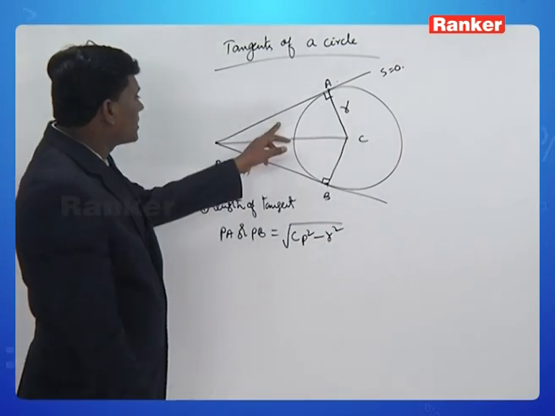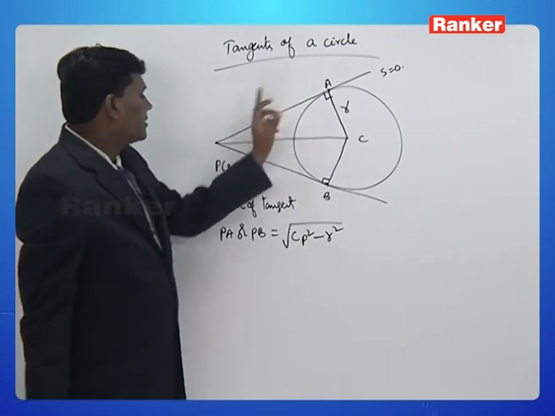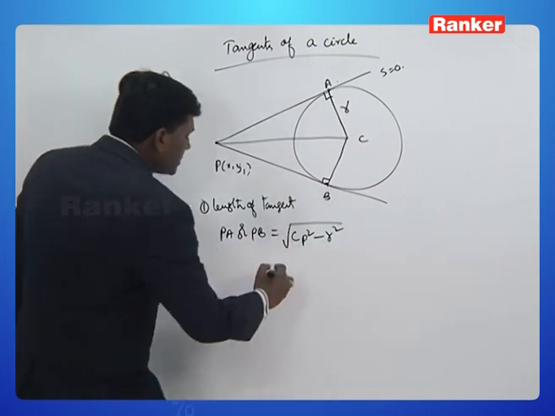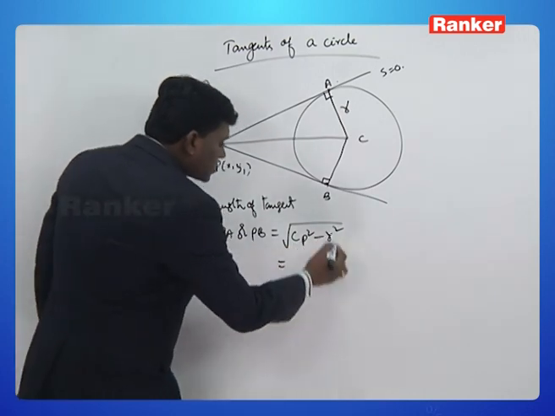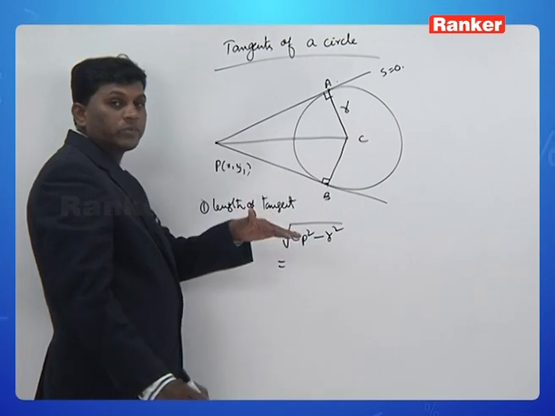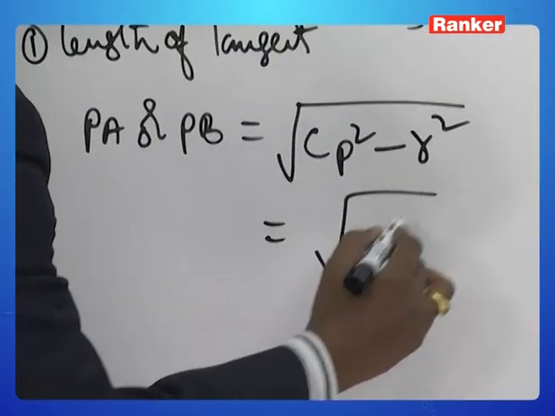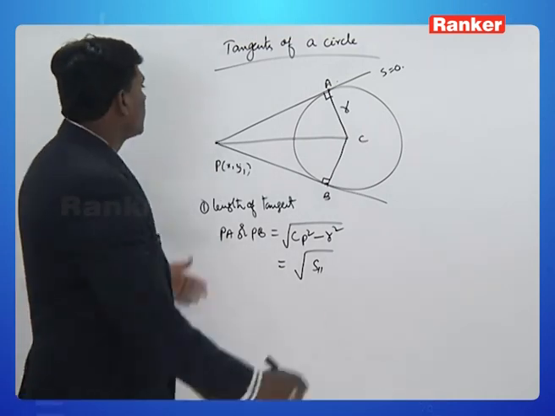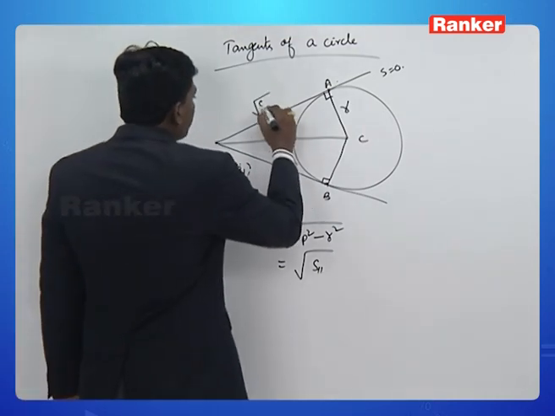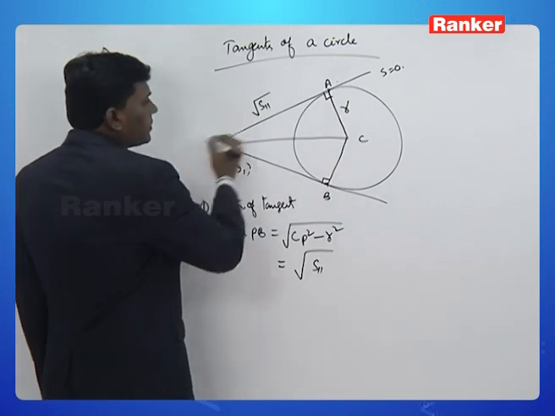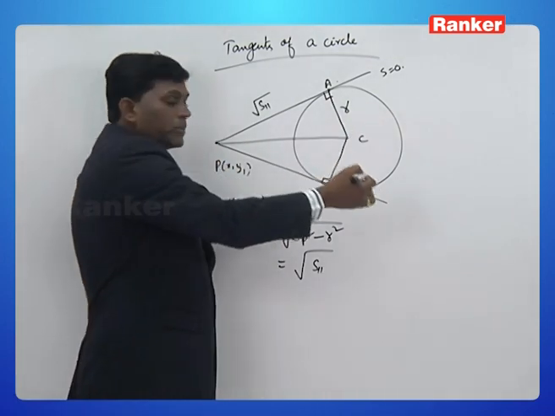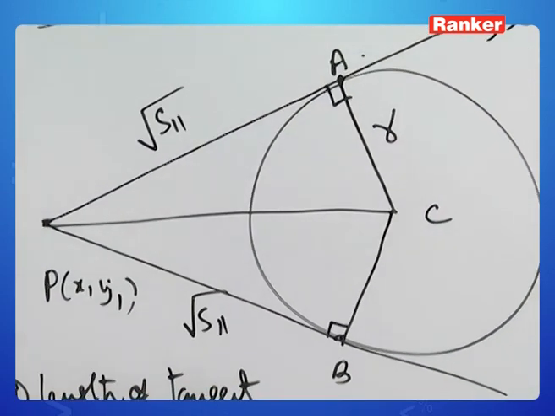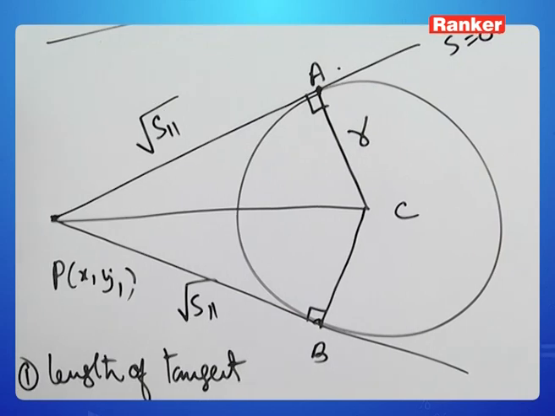By using Pythagoras theorem, we can write that PA or PB equals under root CP square minus r square. But CP square minus r square is the definition of power, which we know already. So that's why we can write this as under root S11. Therefore, the length of the tangent drawn from external point P(x1, y1) to the circle S = 0 is root S11. This is taken as the first point in this diagram.